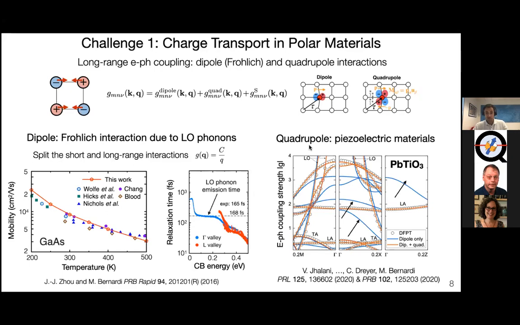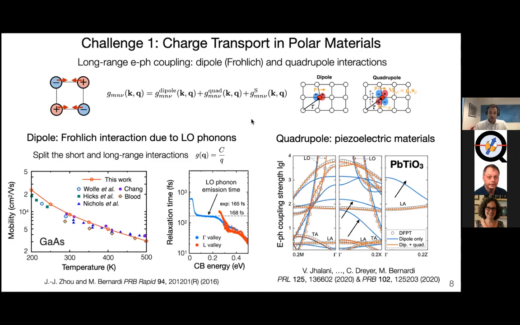We have shown that this quadrupole term is important, is present in all materials, but it's particularly important in piezoelectric materials, so non-centrosymmetric ionic systems, like, for example, lead titanate or many complex oxides. And so we have shown that to correctly describe the coupling between the electrons and the acoustic modes in piezoelectric materials, it's truly important to include this quadrupole term.